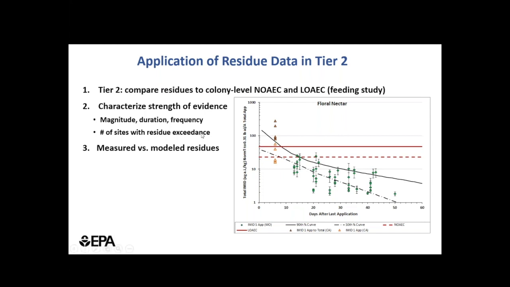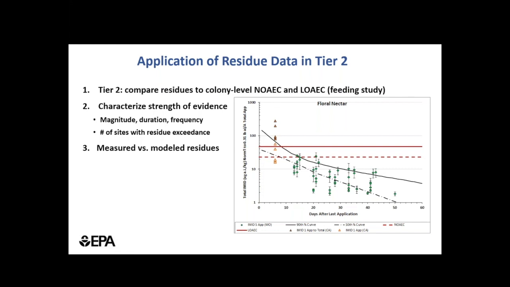Another thing that we've done with these data: you can see that there are gaps naturally in when the residue values are measured over time. And so we can use the measured residue data and use models such as regression modeling or other models based on the kinetics of the dissipation of the pesticides to fill in these gaps in between when the pesticides were actually measured.